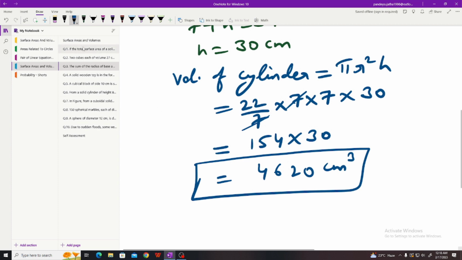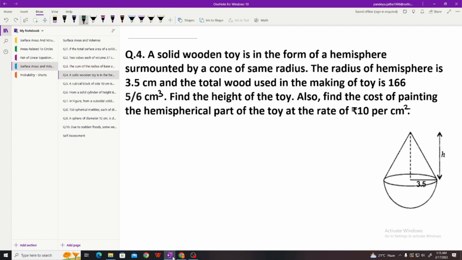So the next question. A solid wooden toy is in the form of a hemisphere surmounted by a cone of same radius, where the radius of hemisphere is 3.5 centimeter and the total wood used in making the toy is 166 5/6 centimeter cube. Find the height of the toy. Also find the cost of painting the hemispherical part of the toy at the rate of rupees 10 per centimeter square.